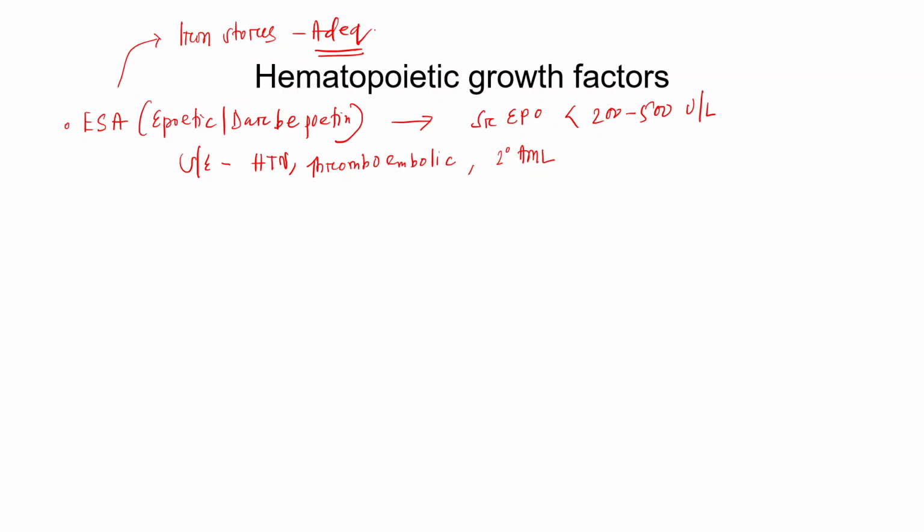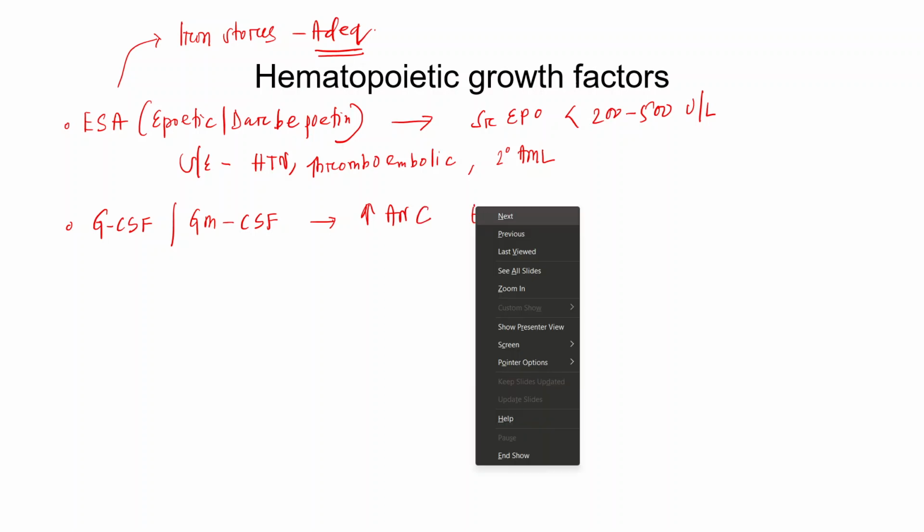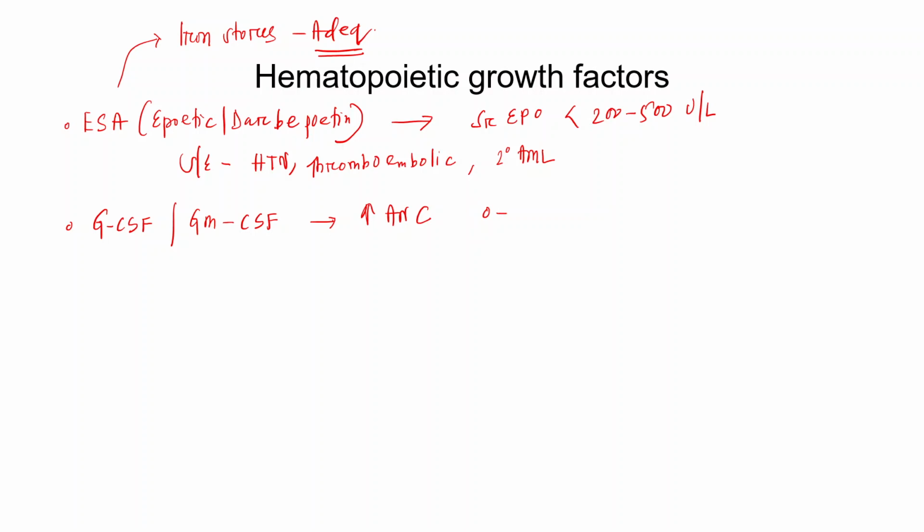Okay. Then role of GCSF, granulocyte colony stimulating factor, or GM-CSF, granulocyte monocyte colony stimulating factor. They have been shown to increase the absolute neutrophil count in up to 60 to 90% of cases.